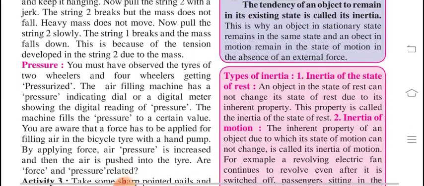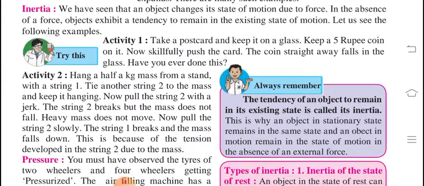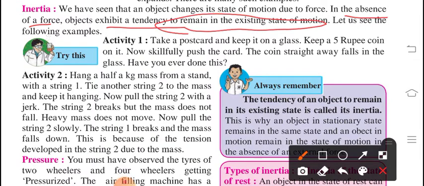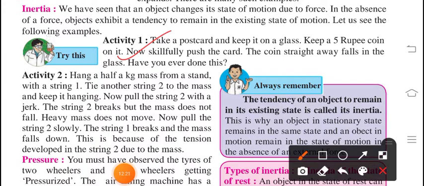So based on that, we can say for inertia, in the absence of force, an object exhibits a tendency to remain in its existing state of motion. Likewise, in the first activity, I did not apply any force on the coin.